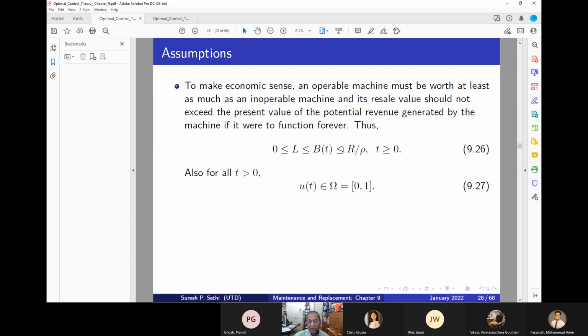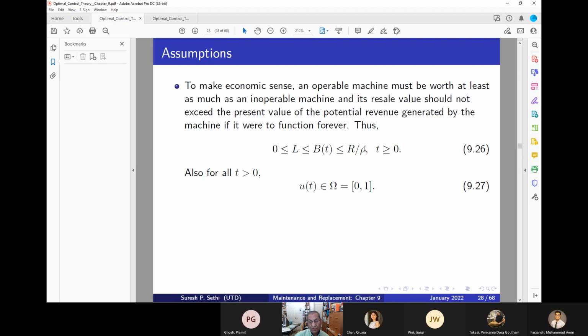And sort of similar to Thompson in some way, the functioning machine has a salvage value, and that salvage value cannot be bigger than its economic value when it comes to production. Because the functioning machine is producing at rate R, and suppose it never breaks down, then it produces at rate R all the way from 0 to infinity, and its capitalized value is R divided by rho.